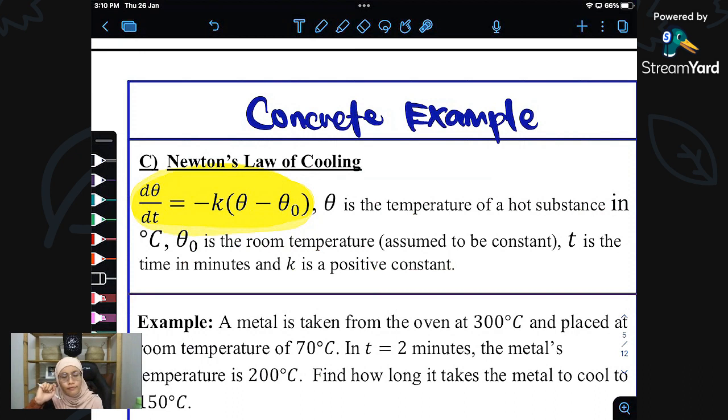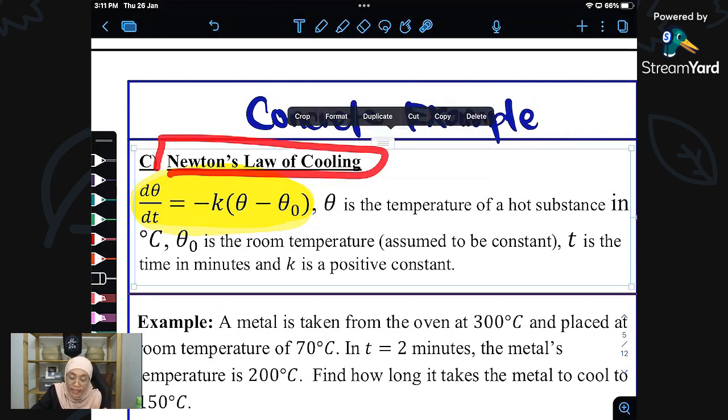So you don't have to be afraid. You will know that any hot substances can get colder and colder in room temperature, right? That's why dalam formula ni mempunyai room temperature. You understand? So that's why this application dipanggil Newton's law of cooling.